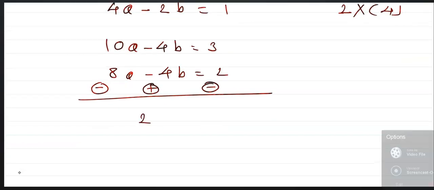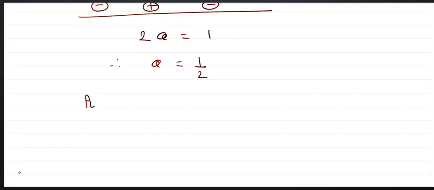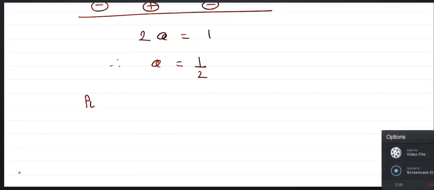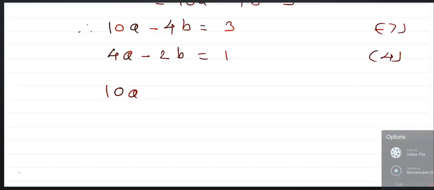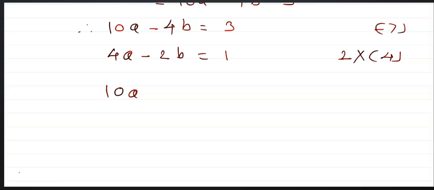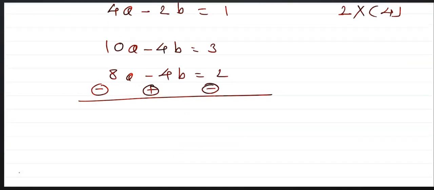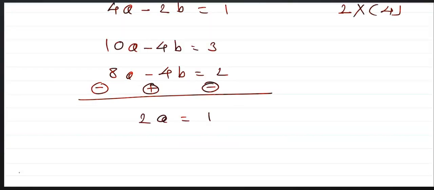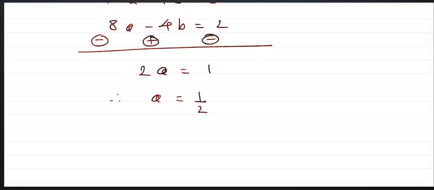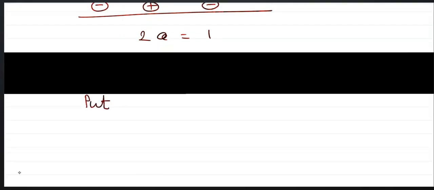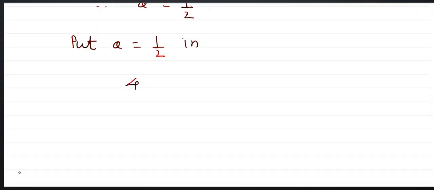Therefore, after subtraction, 2a is equal to 1, therefore a is equal to 1 upon 2. Therefore, a is equal to 1 upon 2. Put a is equal to 1 upon 2 in the above equation.